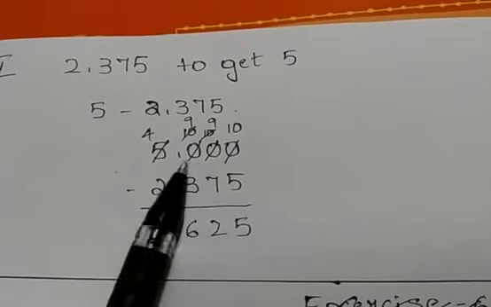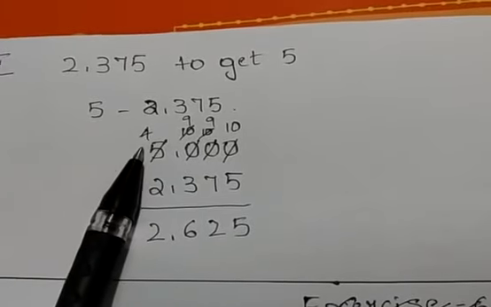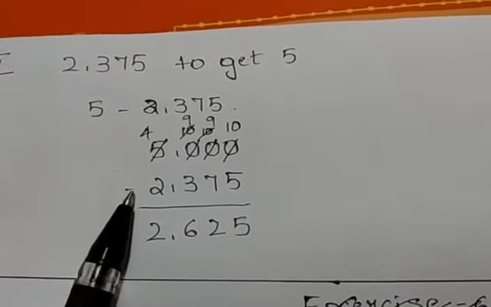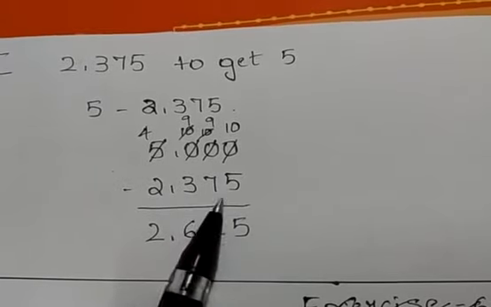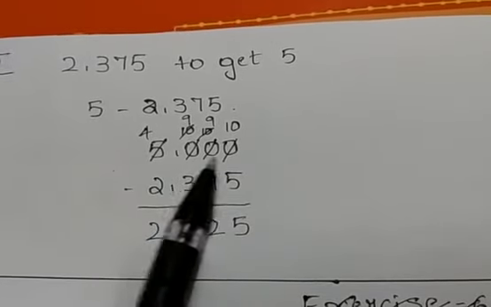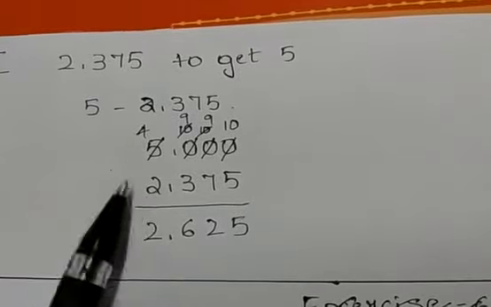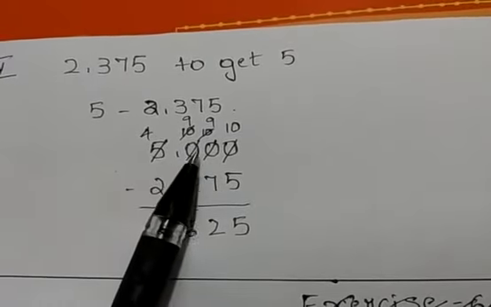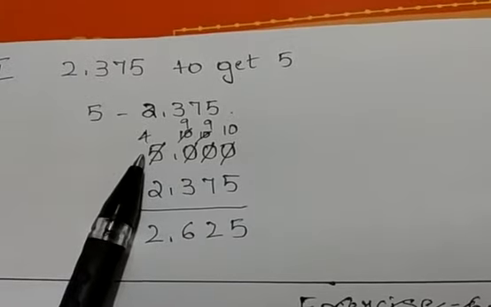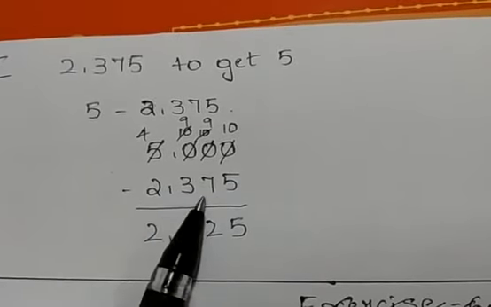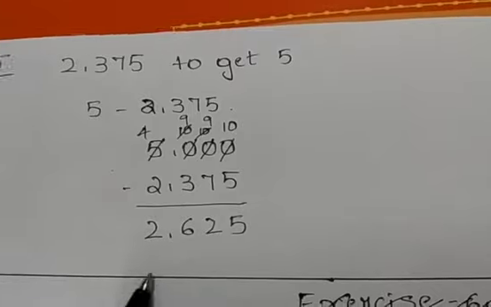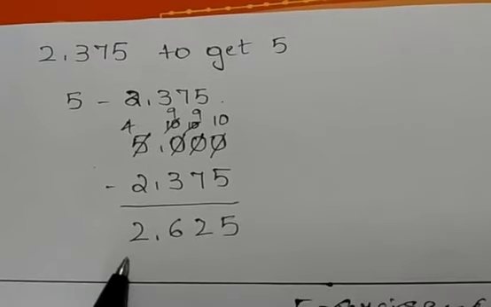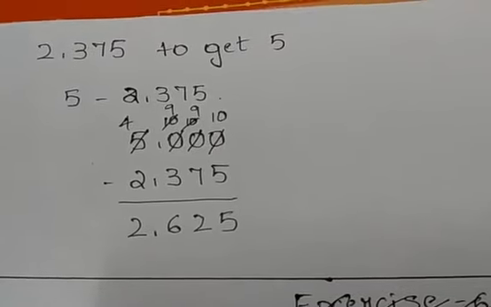Why are we taking 3 zeros here? We should subtract from this 5 the given number, which has 3 digits after the point. So I am just placing zeros here so that I can get the answer. So 5.000 minus 2.375. If I subtract this, I will get the final answer, that is 2.625.